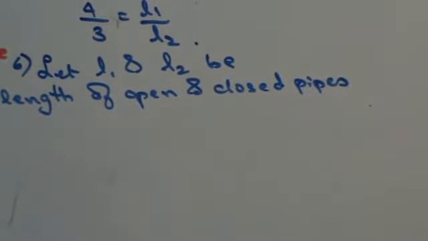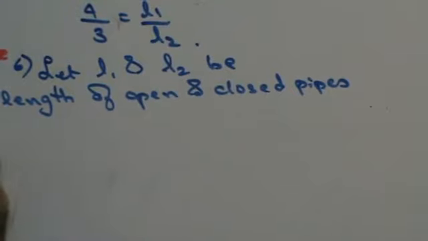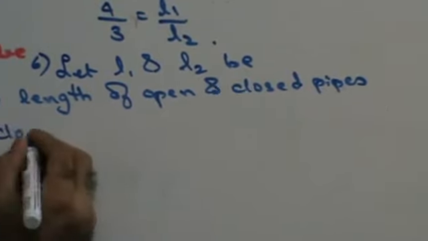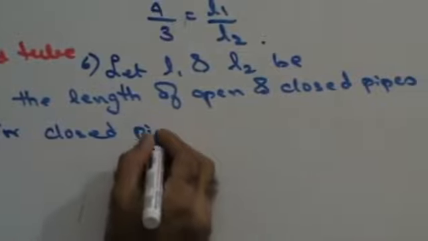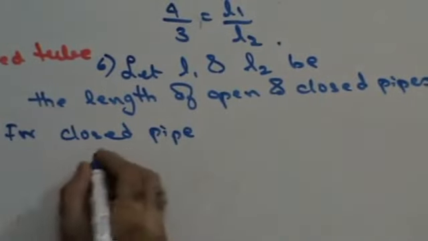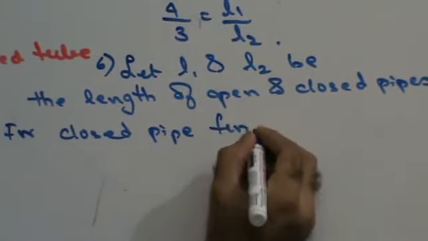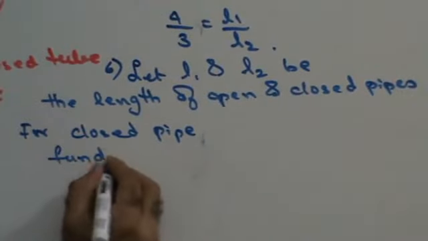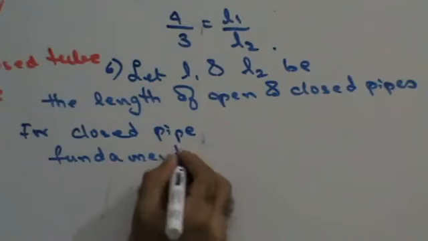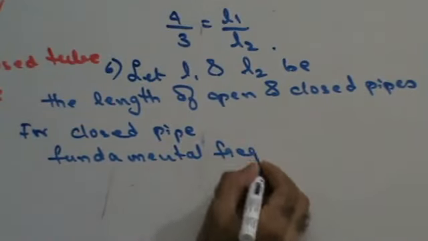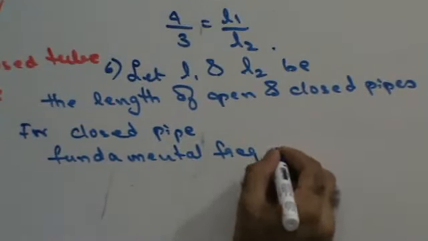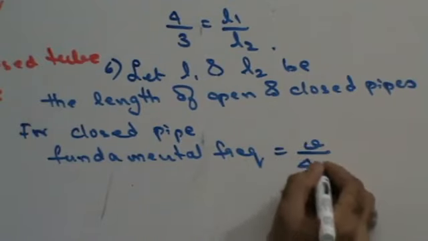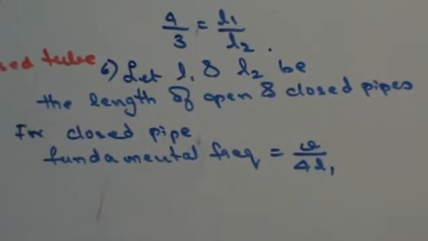Let's assume that L1 and L2 are the lengths of the closed and the open pipe. Now, for a closed pipe, the fundamental frequency is given by the formula V upon 4L1.